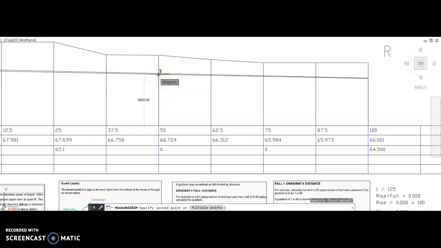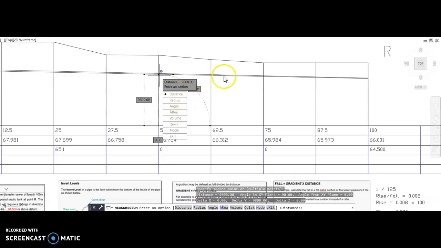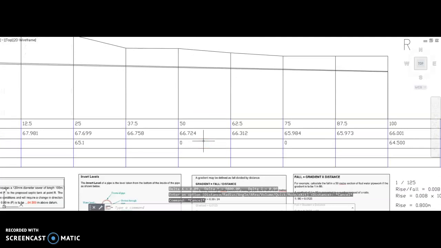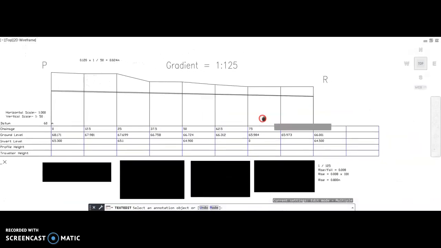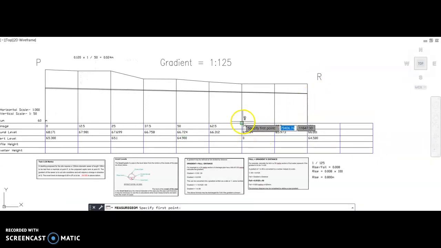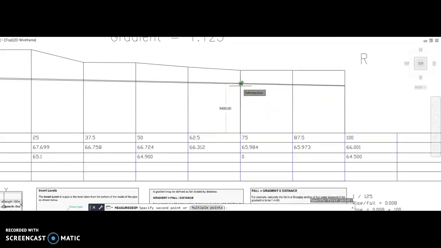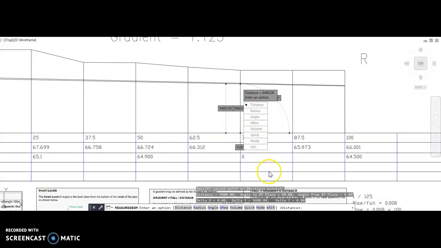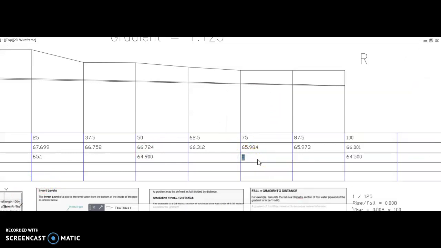So 9.8 divided by 2 gives us 64.9. And finally, you're just measuring from your datum to the underside of your pipe, half that measurement, add it to 60, and that gives 70.